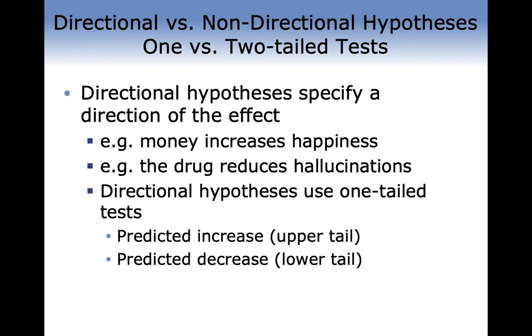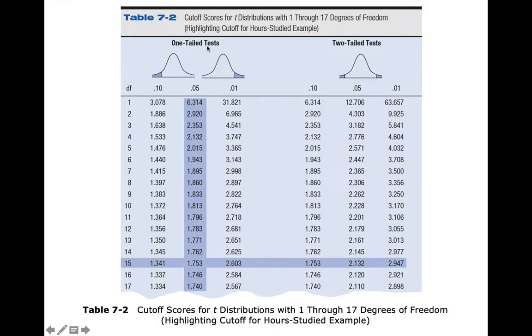So if there's a predicted increase, like that's what the hypothesis does, you're interested in the upper tail of the t distribution. If you have a predicted decrease, as in the drug reduces hallucinations, you're interested in the lower tail of the t distribution. Okay, so these are our t distributions, right? This is what would happen. We assume the null is true. We start from a place, all right, population average happiness is 8. Let's take all possible random samples. Let's get a distribution of means. Here's our pile of means.